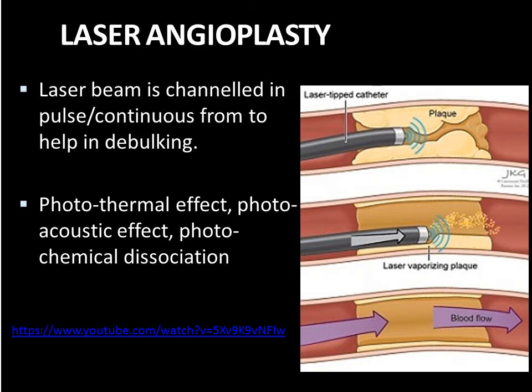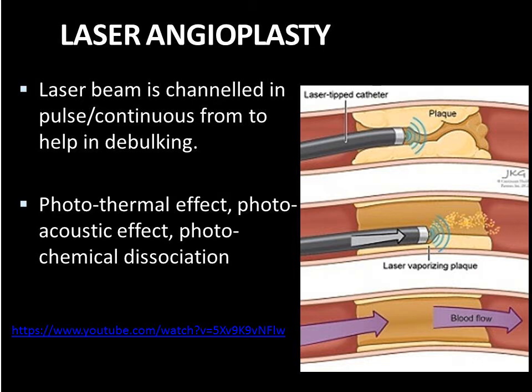It also contains a camera, so it will project on a screen whatever is inside, or whichever path along which it is proceeding. So the doctors will be able to identify the location where this plaque has been deposited.